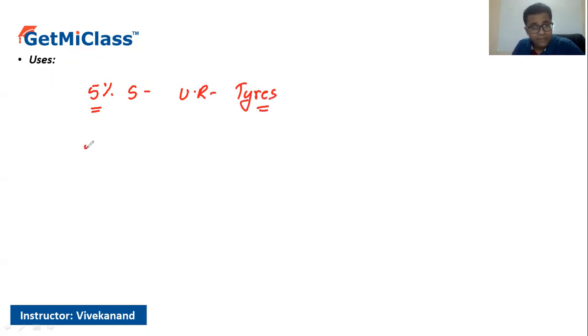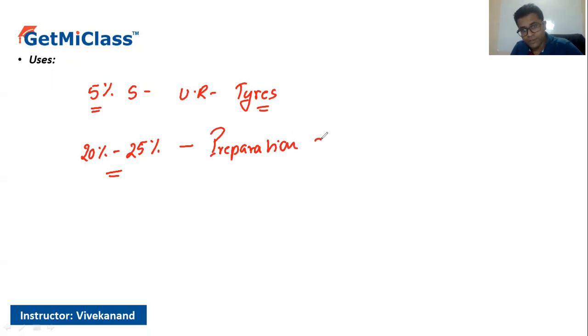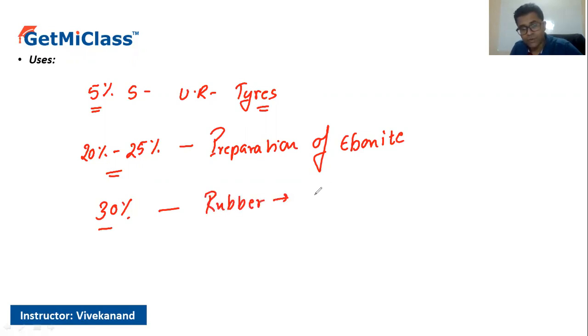If the percentage increases to 20% to 25%, it is used in the preparation of ammonites. If we extend it to 30%, this rubber is used in the preparation of battery cases.